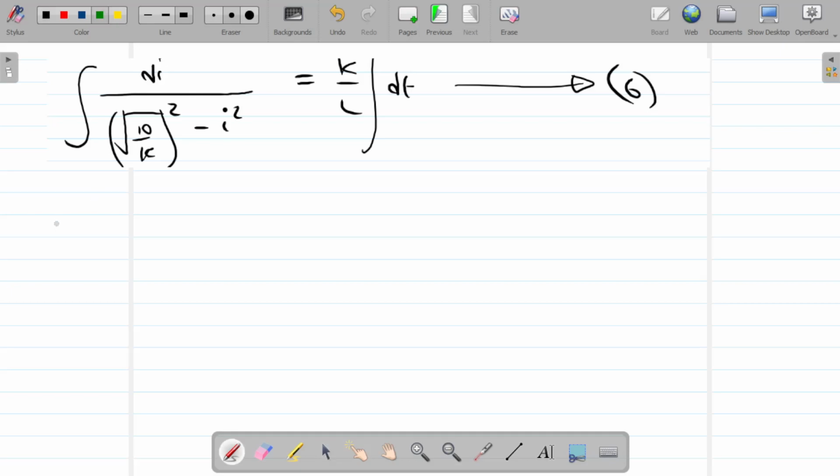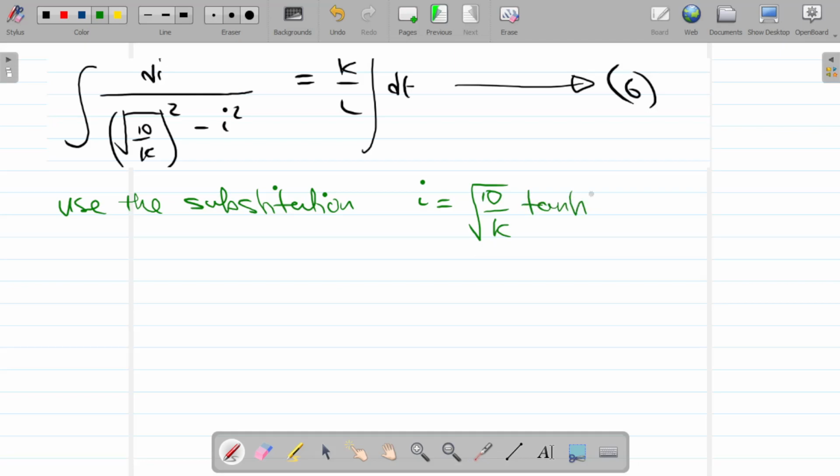I'll write this in green. Use the substitution I equals the square root of 10 over k tanh theta, the hyperbolic tangent of theta.